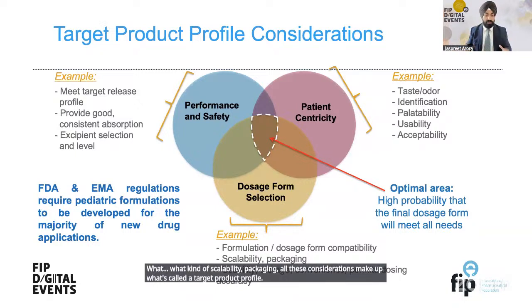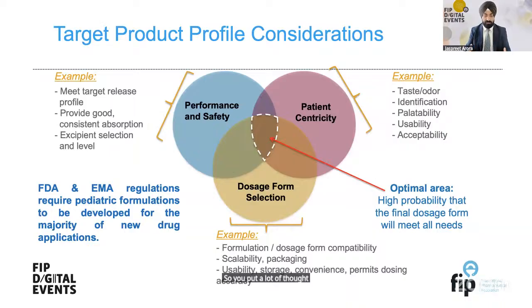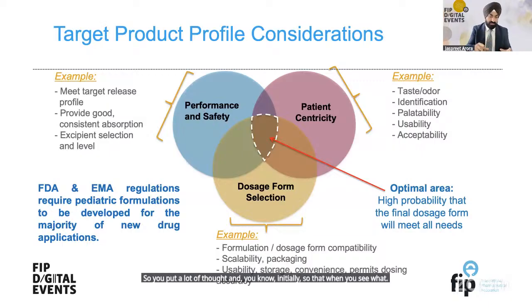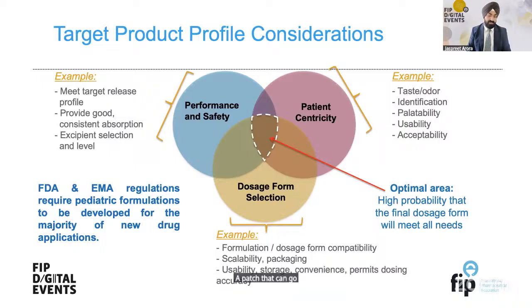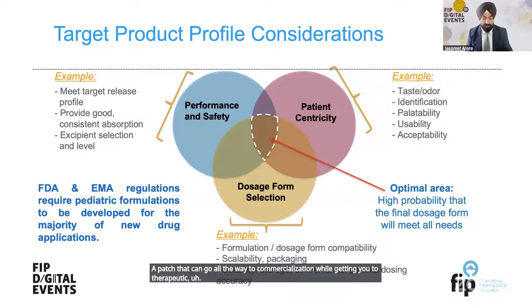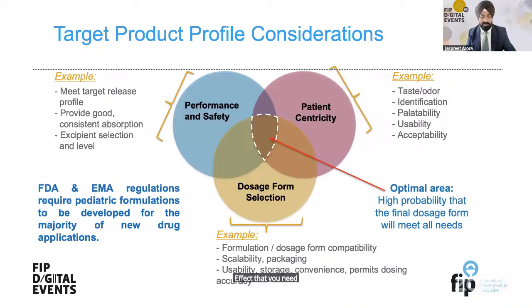So you put a lot of thought in initially, so that when you see what is intersected by all these three different circles, you are able to find the right solution that has a path that can go all the way to commercialization while getting you to the therapeutic effect that you need in specifically the patient population that you're targeting.